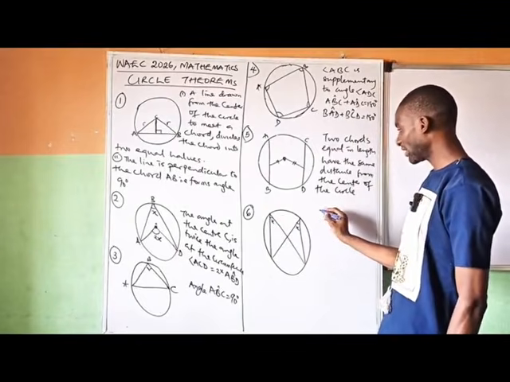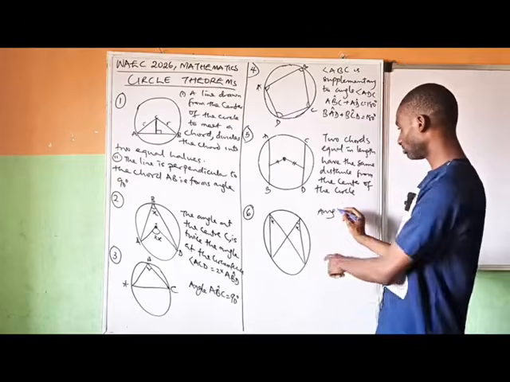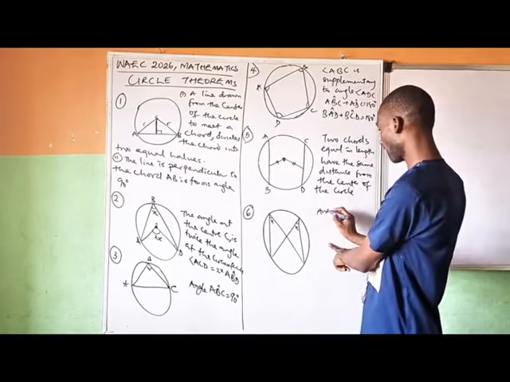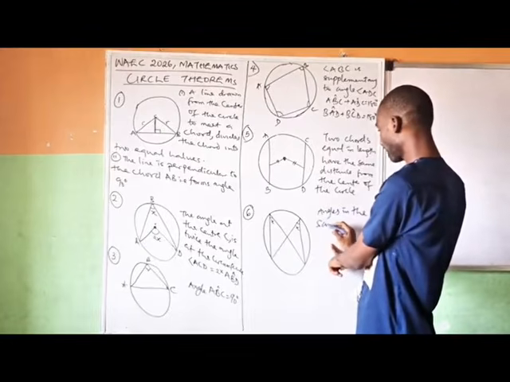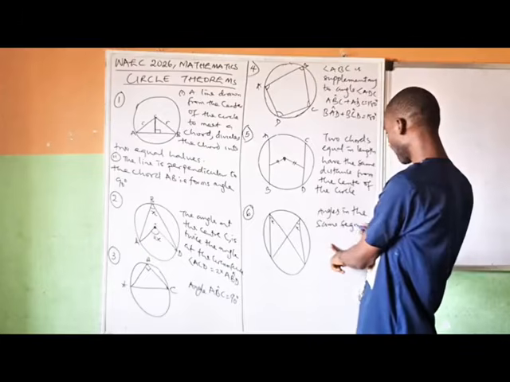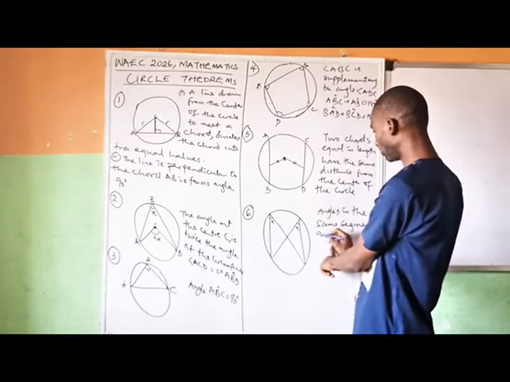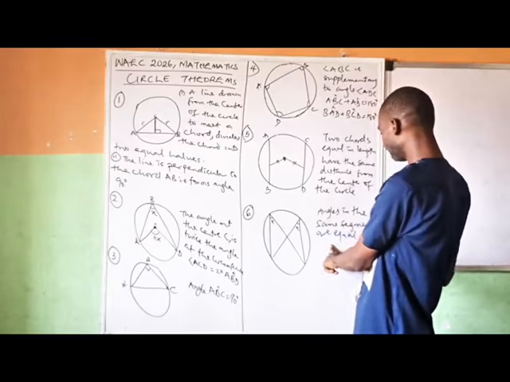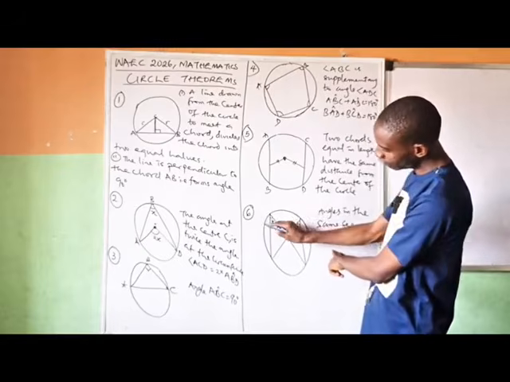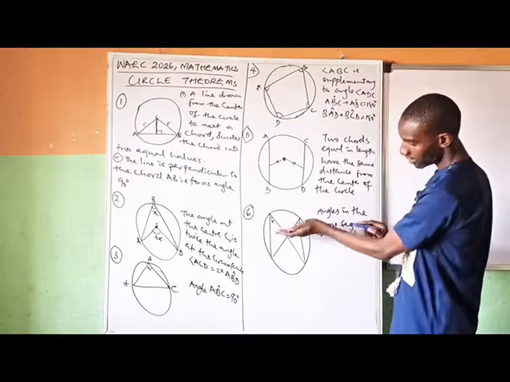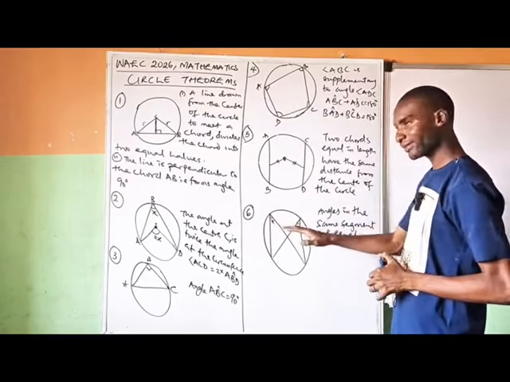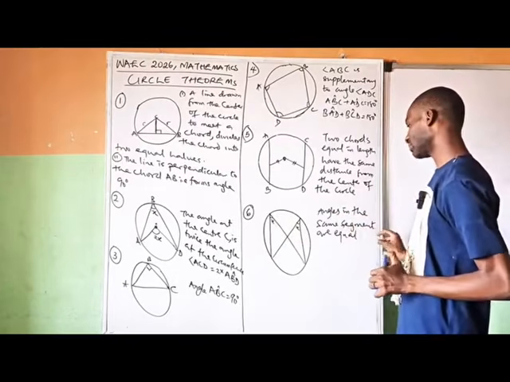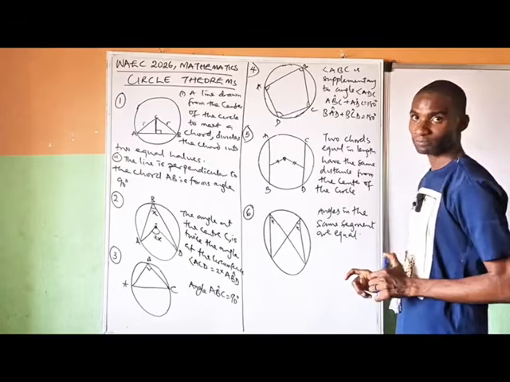So the rule says angles in the same segment are equal. So if I draw a line here, a chord, that is a segment. So the angle in this segment and this, they are exactly the same. So angles in the same segment are equal.